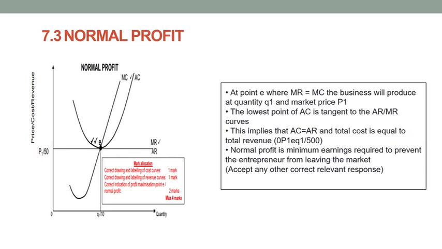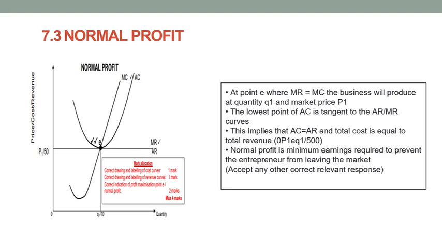So you see, once again, at point E, they will produce, and the lowest point of AC is tangent to the AR-MR curve, right? So this implies that AC is equal to AR, and there they talk about normal profit as the minimum earnings required to prevent the entrepreneur from leaving the market.